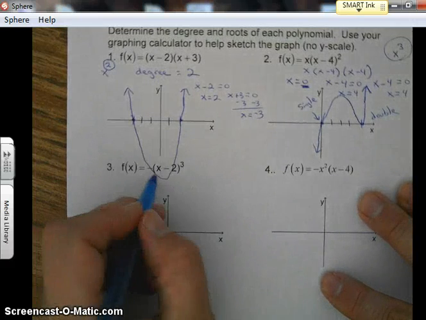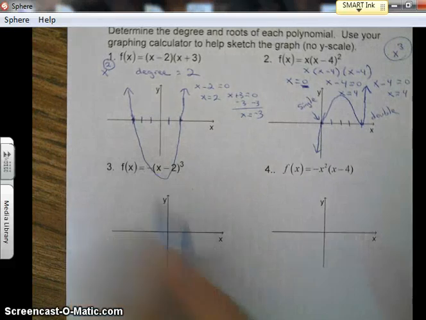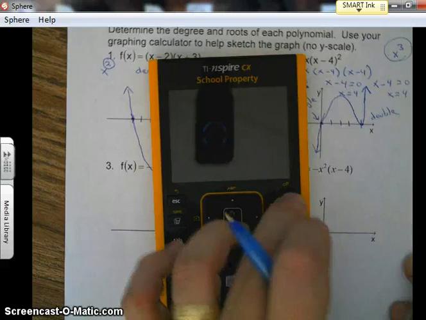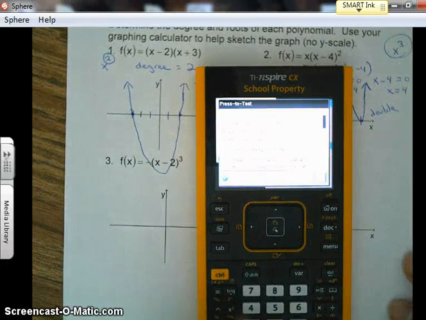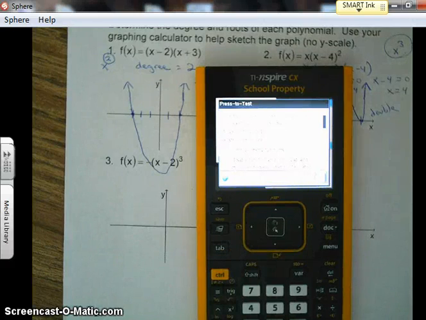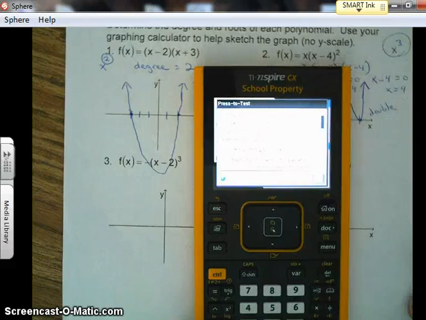So here we have negative x minus 2 cubed. Let's go ahead and do this one on the calculator. And if I can get this to show up a little bit better, we might be in business. Doesn't want to.